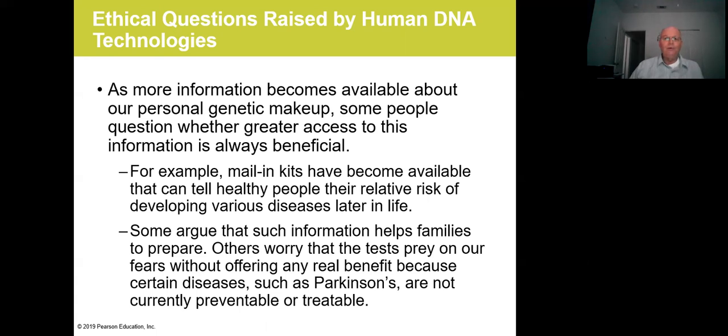Now, the courts have already decided in a couple of situations things that they can't do. So they currently can't deny you health insurance on the basis of genetic information. Because again, possession of a mutation that is associated with a genetic condition does not automatically mean that you're going to have that genetic condition.